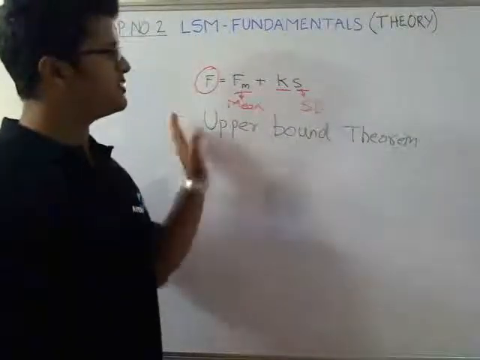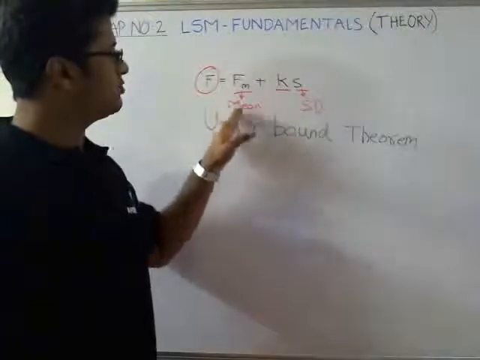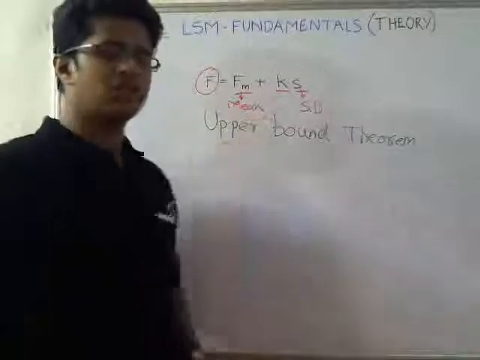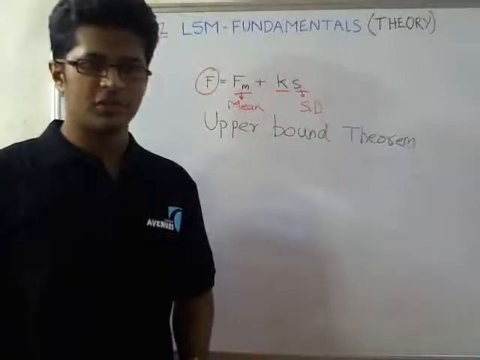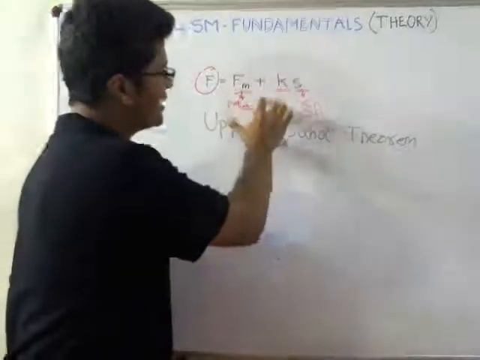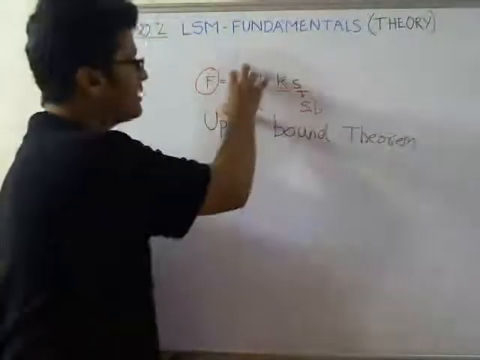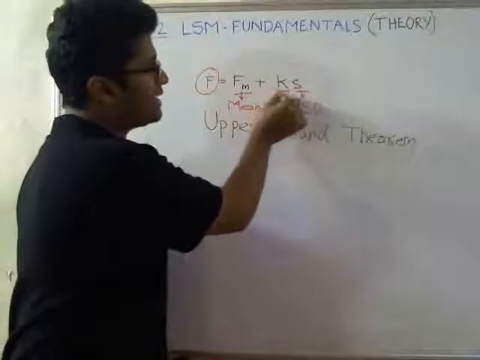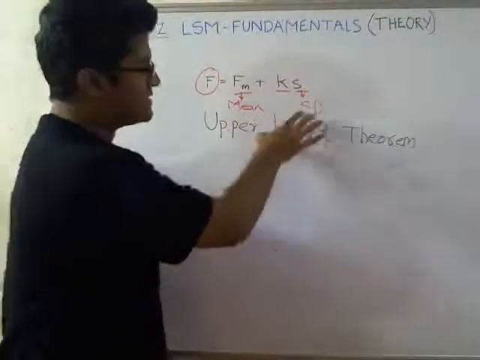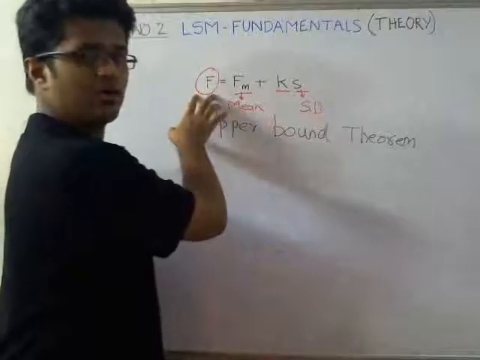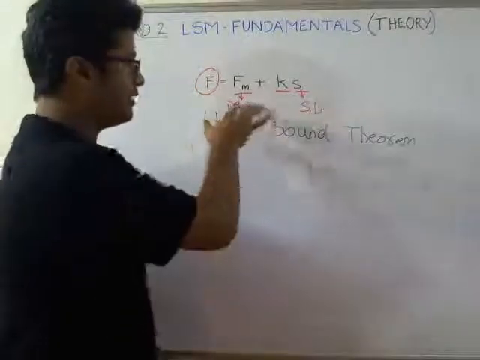For the theory purpose, just understand what the terms specified in it are. Mean gives you the average of all the loads which you have calculated, plus you are going to guess something more than the actual load. Mean is the actual load, but you are adding K into S. S is standard deviation, so that you obtain a characteristic load value which is higher than the mean.